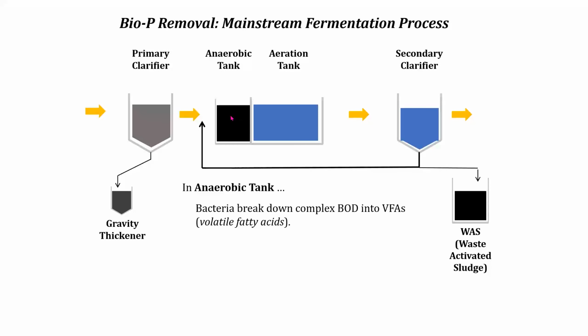For phosphorus removal, the rule of thumb is you want about 25 times as much BOD for every milligram per liter of phosphorus that we're removing. So if we're trying to remove 3 milligrams per liter, we're looking for 75 milligrams per liter of BOD in this anaerobic tank.